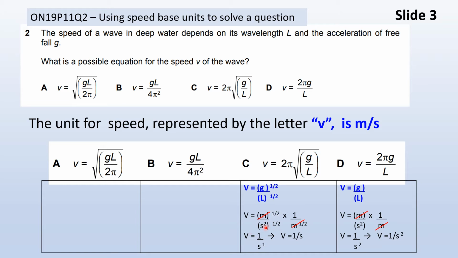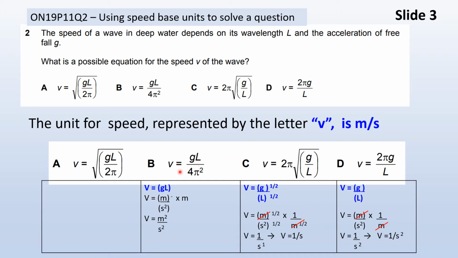So when we multiply 2 times 1 half, it is 2 over 2, which is 1. So the base unit for equation C for velocity is 1 over second, which is incorrect because it should be meters per second. Let me go to option B.